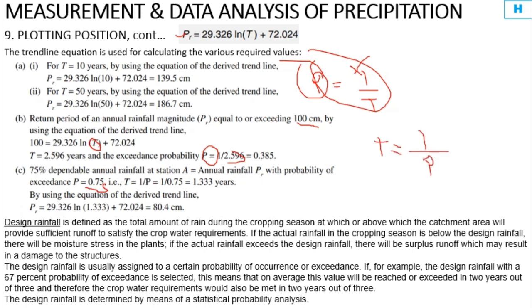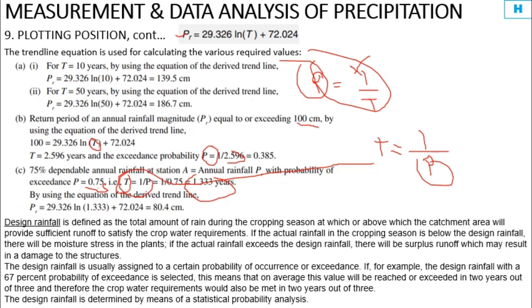Ito yung formula to get period. Ito. So, substitute mo lang yung probability in decimal form. So, that is 0.75 dito. Then, you will get na yung corresponding period. So, period is 1.333 years.